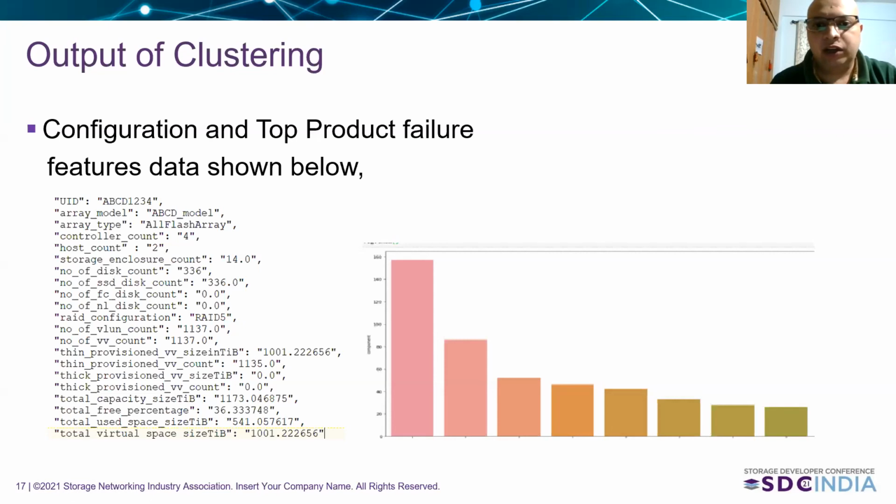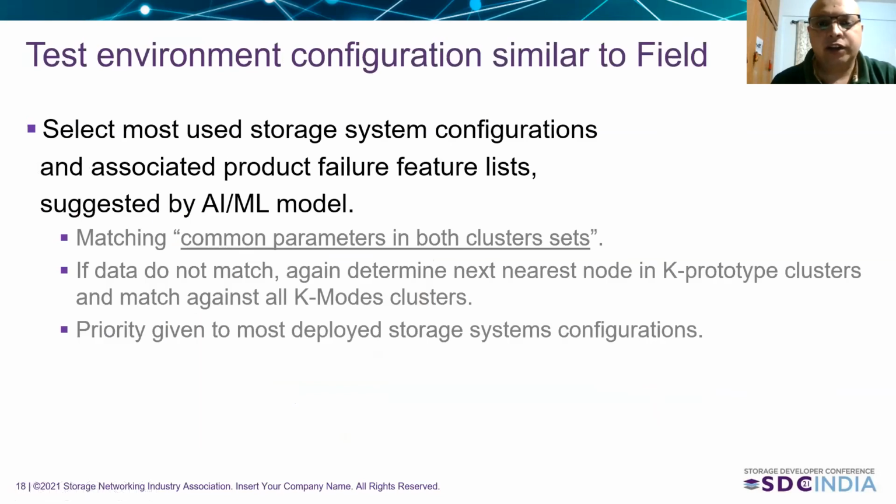Similarly, this is the list of product failure features, based on the number of defects or issues or incidents reported by the customer. Based on the combination of these two, you can create a test environment which has the list of product issues where you want to run your test.